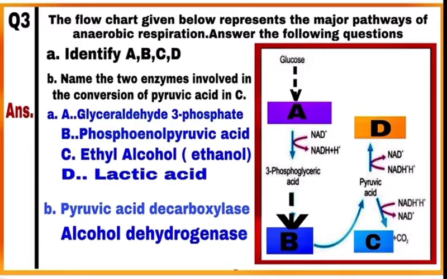Next, see the fate of pyruvic acid, C and D. C is ethyl alcohol as in the case of yeast and D is lactic acid as in the case of muscles. Now part B of the question. Name two enzymes involved in the conversion of pyruvic acid to C, that is, ethanol. Two enzymes used in this step are number 1, pyruvic acid decarboxylase, and number 2, alcohol dehydrogenase.